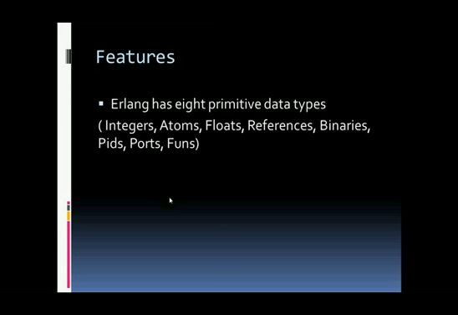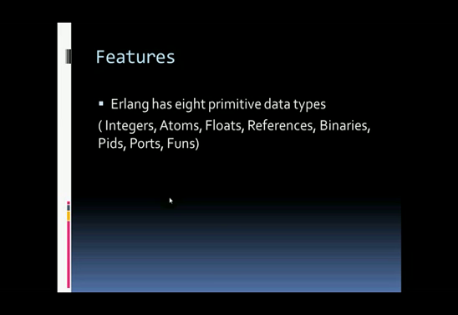Integer arithmetic is exact and only limited by available memory on the machine. Atoms are used within a program to denote distinguished values. References. References are globally unique symbols whose only property is that they can be compared for equality.